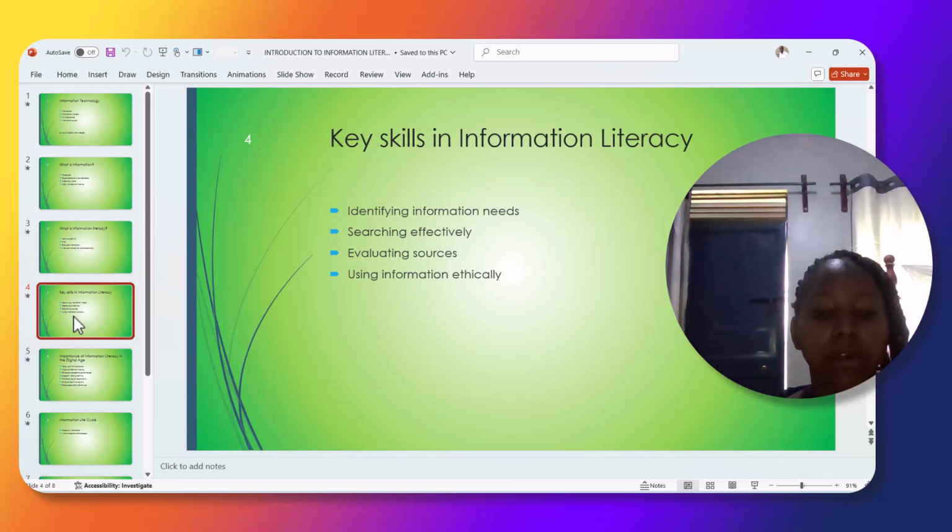Evaluating sources involves looking for information that has been backed up. Like you're talking about a certain topic, maybe artificial intelligence. You're going to get articles about artificial intelligence, like the sources of the information about artificial intelligence.